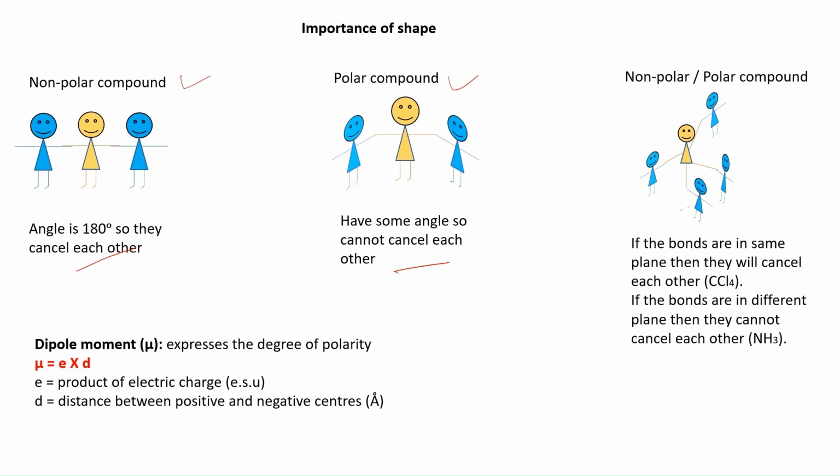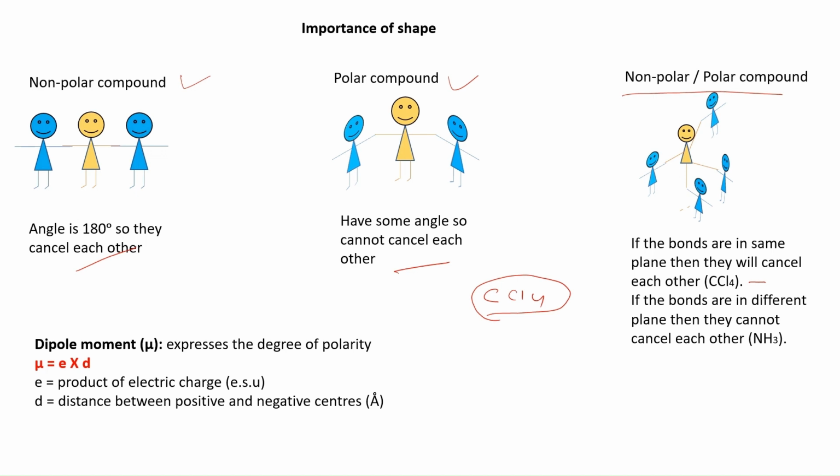Now, though they have angles, there are still a few things on which the polarity or non-polarity depends. Here the example given is CCl4. Suppose you don't know the shape also. How will you tell that this is a covalent bond and next that this is a non-polar covalent bond?